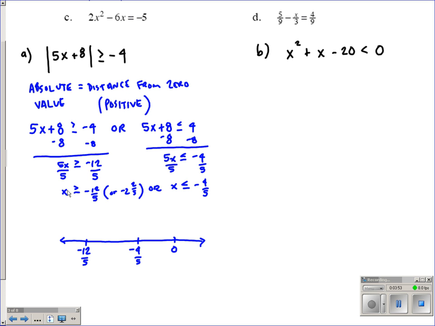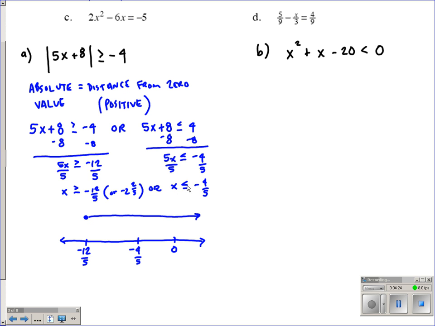If I graph x is greater than or equal to -12/5, I'd want to have a closed circle to show that it can equal -12/5. If I plug in -12/5 here, well, we'll talk about that in a second. But greater than or equal to -12/5 means we're going this direction, all the values greater than -12/5.